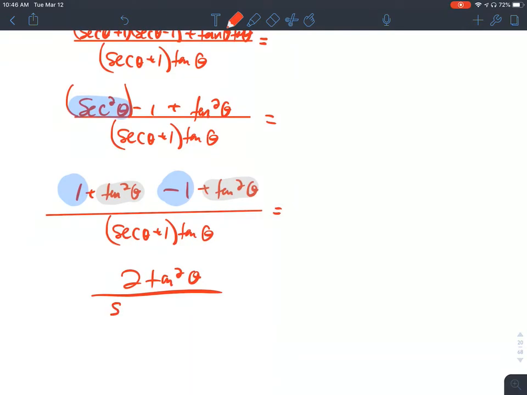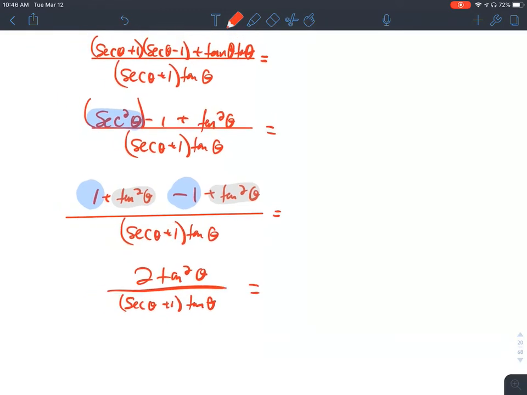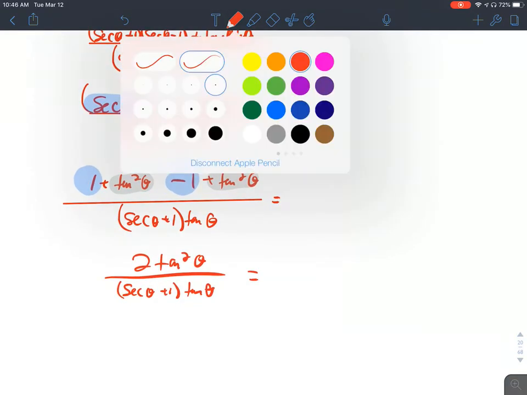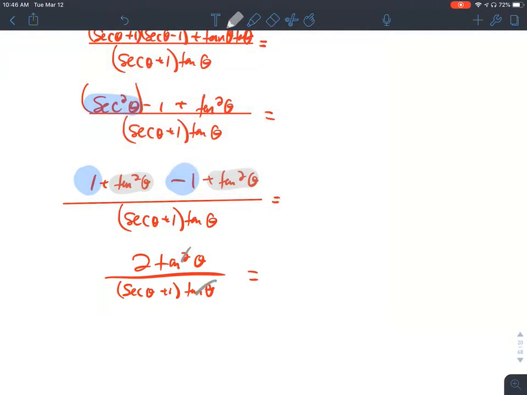At the bottom, we got secant of theta plus 1 times tangent of theta. Now I can cancel a tangent from the top and the bottom. And now we're going to have 2 times tangent of theta over secant of theta plus 1.